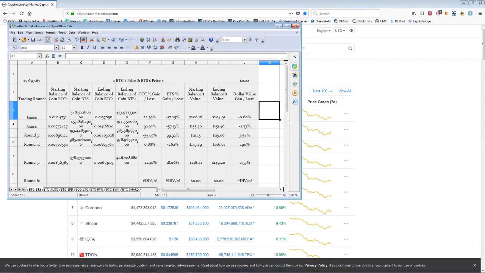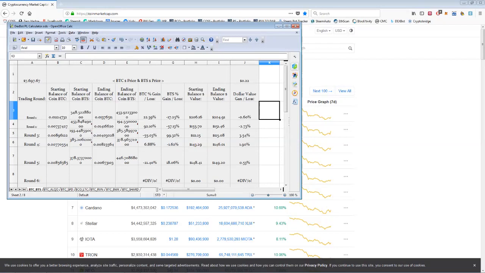And for this spreadsheet right here, I set it up so I note the starting Bitcoin balance, starting Bitshares balance, and down here I have different tabs for each pair I'm trading. So ALQO, SPD, Litecoin, Ravencoin, Bulwark, Shard. Those are all pairs I've been trading for the past month or so with this DexBot software. So you can see here, starting Bitcoin, starting Bitshares, and then ending Bitcoin, ending Bitshares.